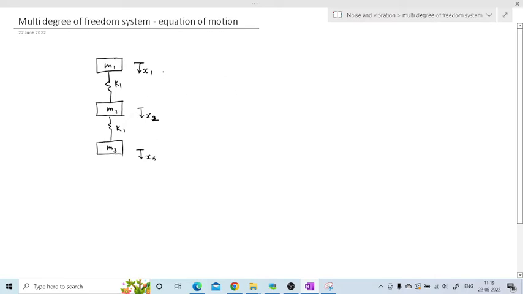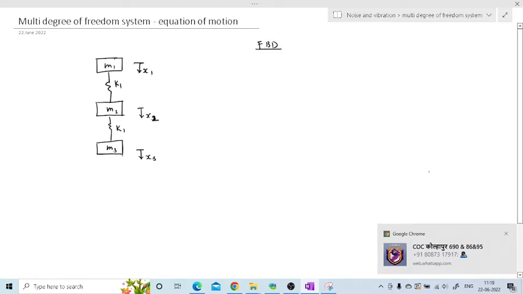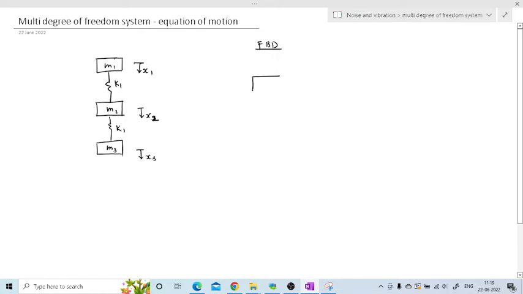Now to determine the equation of motion, first draw the FBD of the given system. So I am going to draw here the FBD of this given system. Now how to draw this FBD? For that I am going to show the masses again. So this is the first mass, this is the second mass, and this one is the third mass.